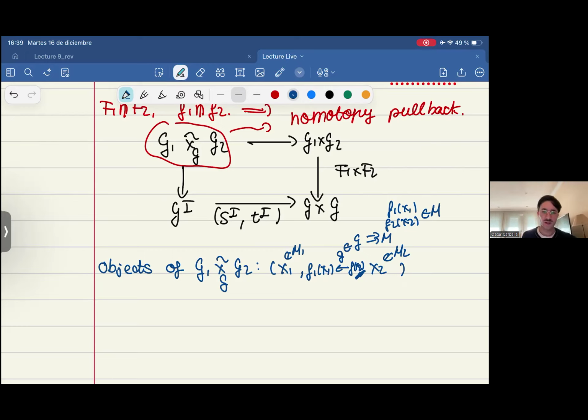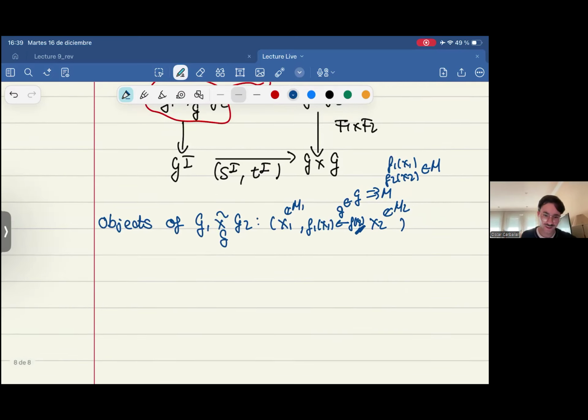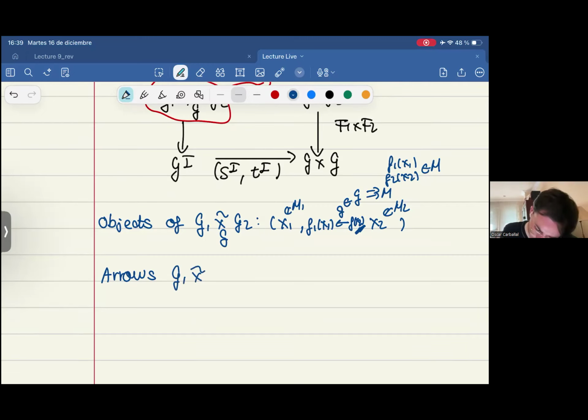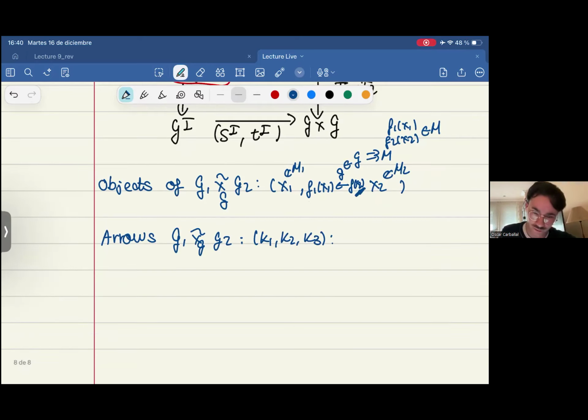So what are now the arrows? It is not abstract nonsense at all, but the notation is a lot of things. The arrows of this homotopy pullback are triples K1, K2, K3 in the following way.